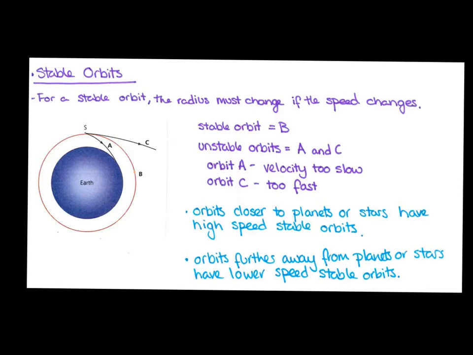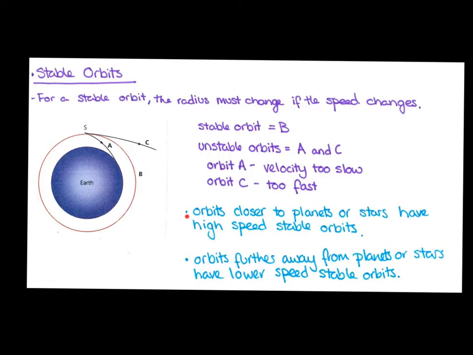So we need to find a velocity that's just right for the distance that this satellite is from the Earth. Now, if we change this distance here, we change the velocity needed for a stable orbit. And it's quite an interesting set of calculations that you learn more about in the sixth form and you learn how to complete in order to find that velocity needed for that stable orbit at that distance.